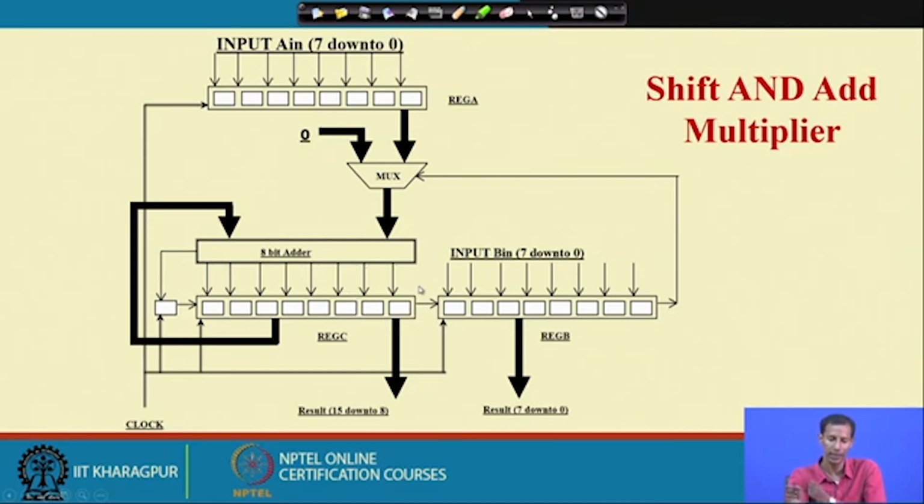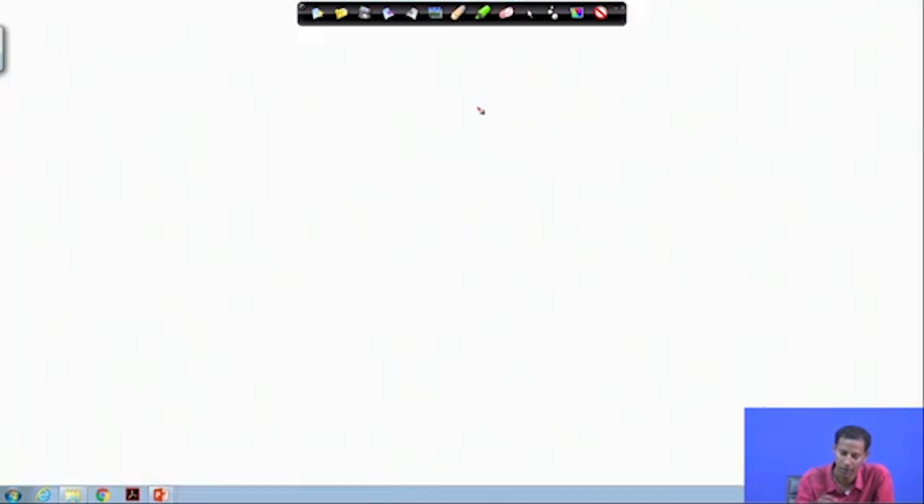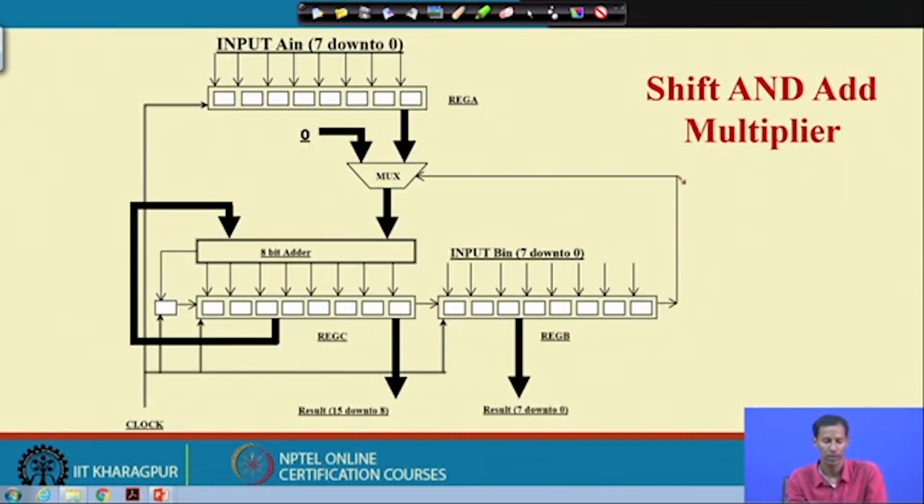Suppose for this case I consider A as 1 1 1 1 1 1 0 0, and let us consider B as 1 0 1 0 1 0 1 0. Okay. So, initially what is happening, 0 is coming. So, this is filled with all 0.